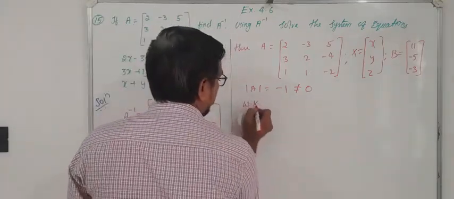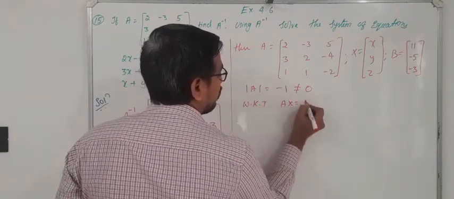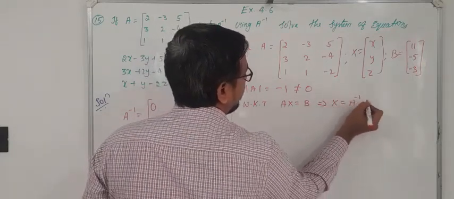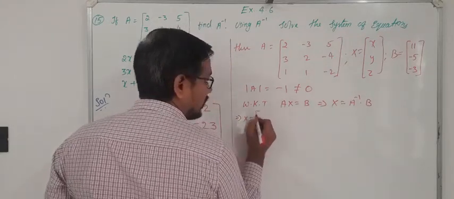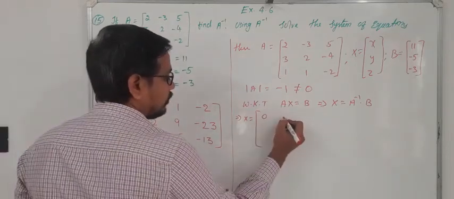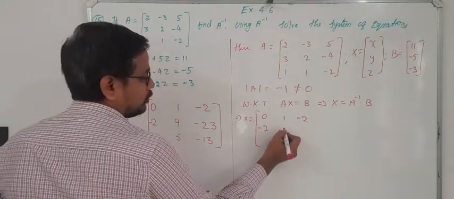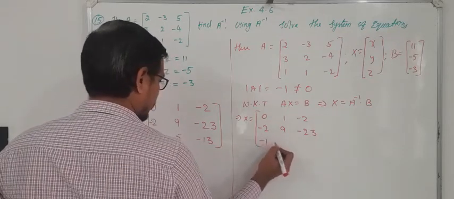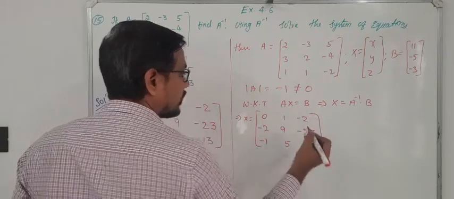So A into X is equal to B, and X is equal to A inverse into B. What is A inverse? We have calculated it here: 0, 1, minus 2, minus 2, 9, minus 23, minus 1, 5, minus 13. This is A inverse.